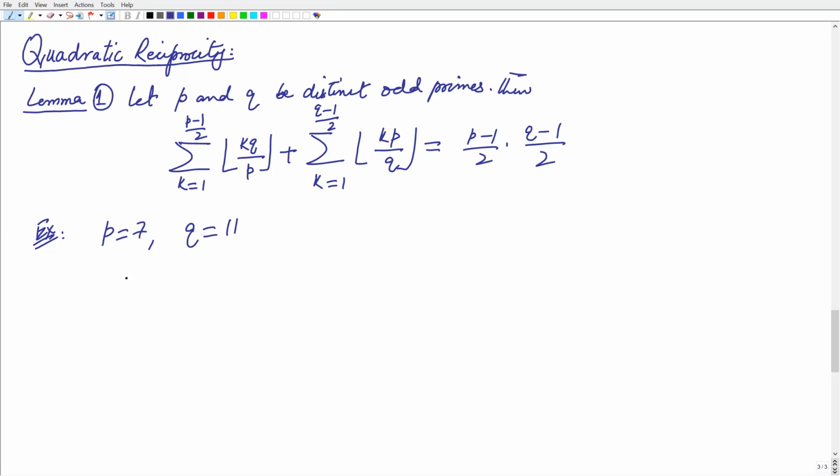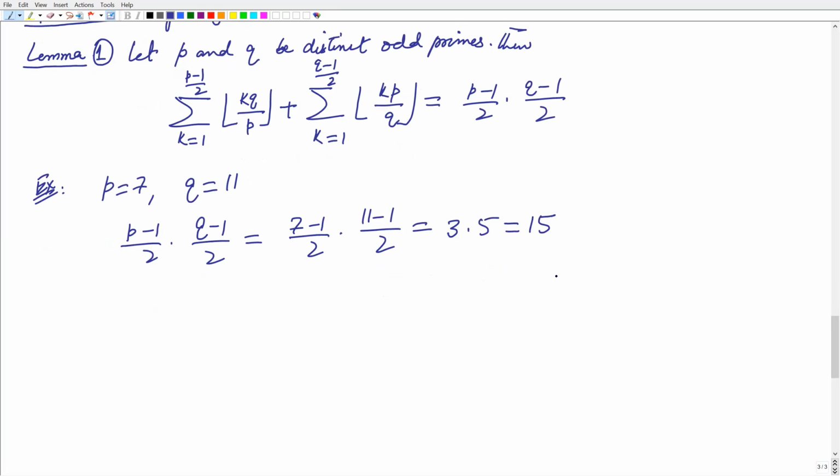Then (p minus 1) by 2 times (q minus 1) by 2 is (7 minus 1) by 2 times (11 minus 1) by 2, which is 6 by 2, which is 3, times 5, which is 15.